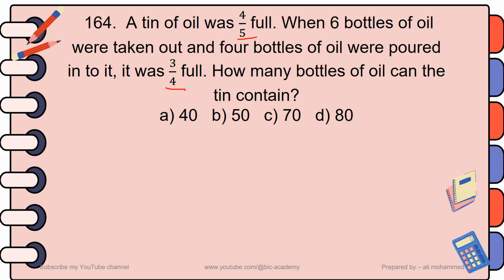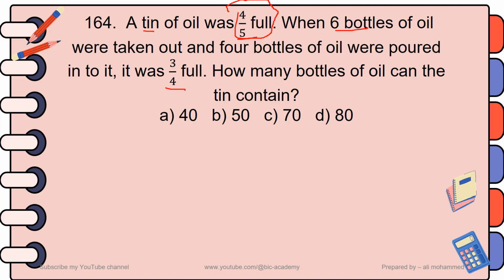There is a tin, or you can say a container, and the container holds oil, and it was 4/5 full. Then from the 4/5 amount of oil that is filled in the tin, 6 bottles of oil were taken out.